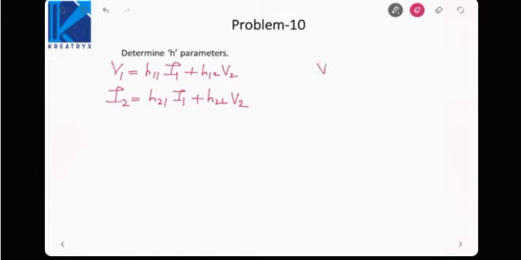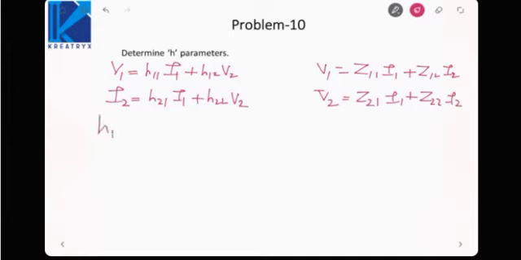What about Z? V1 is equal to Z11 I1 plus Z12 I2. Then V2 equal to Z21 I1 plus Z22 I2.